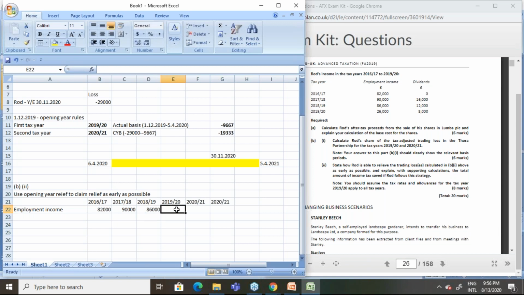And 19-20 also we have 26,000 pounds. Then dividend: nothing, 16,000, 12,000, 8,000.